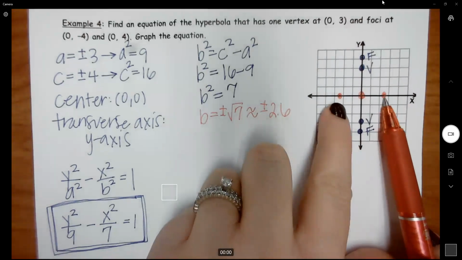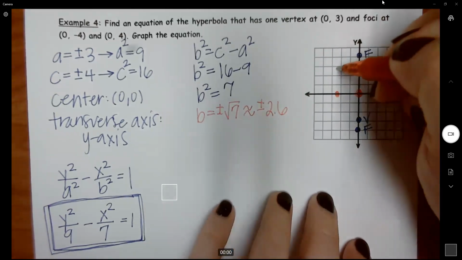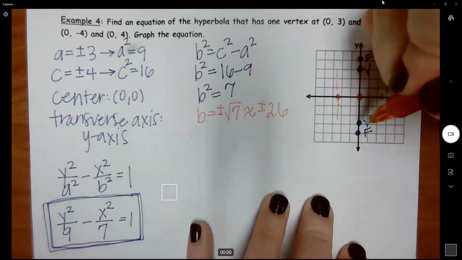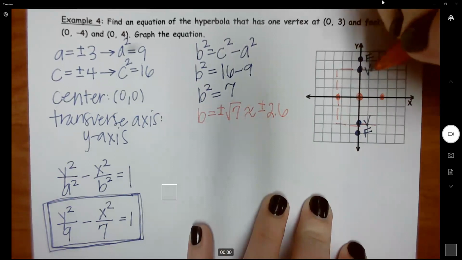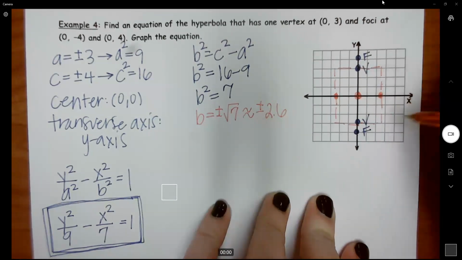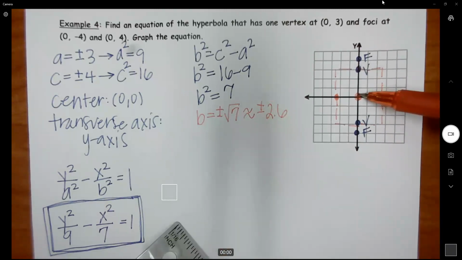You make your box with the b and with my vertices. Okay, once you make your box, then you will find your handy dandy ruler, and we will go corner to corner through the center.